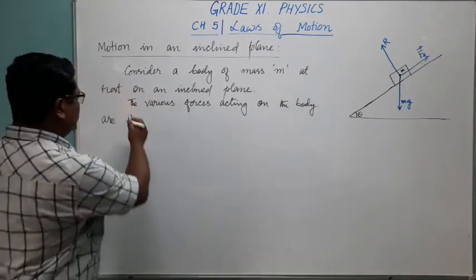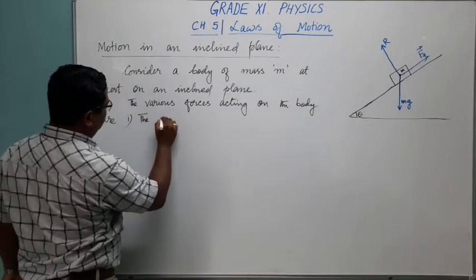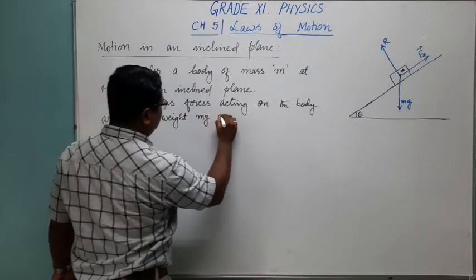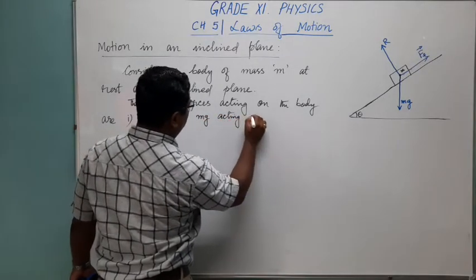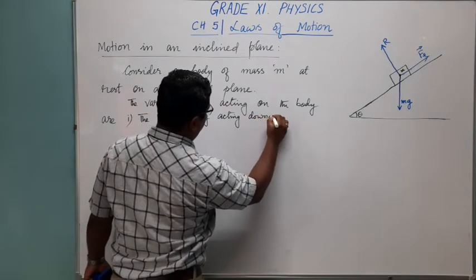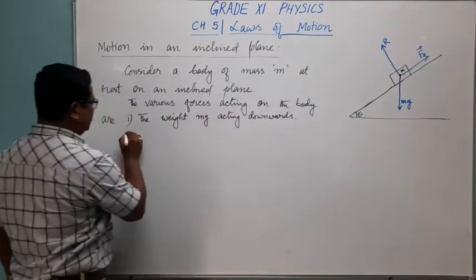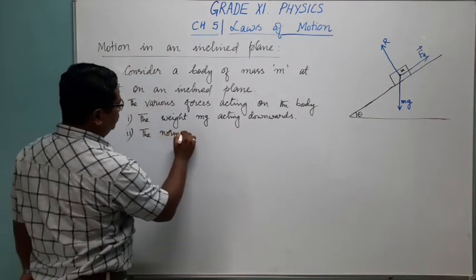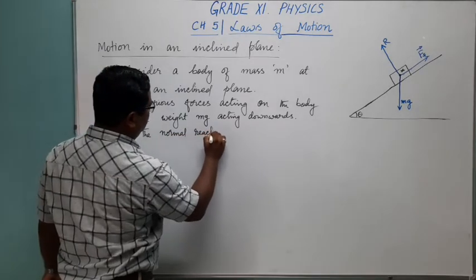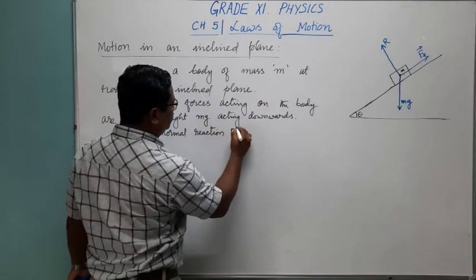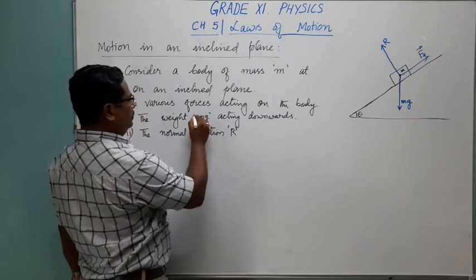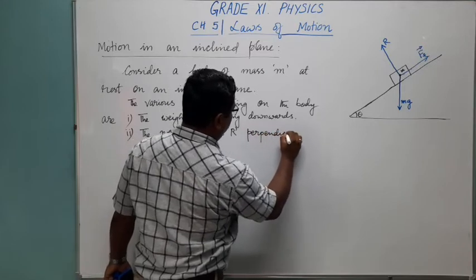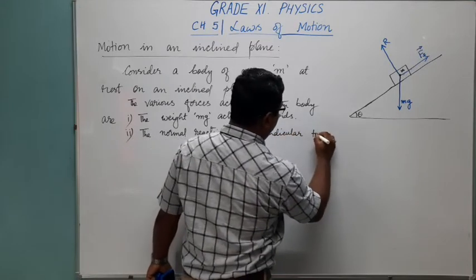Now, number one, the weight mg acting downwards. The second force that is acting on the body is the normal reaction, that is R, perpendicular to the plane.